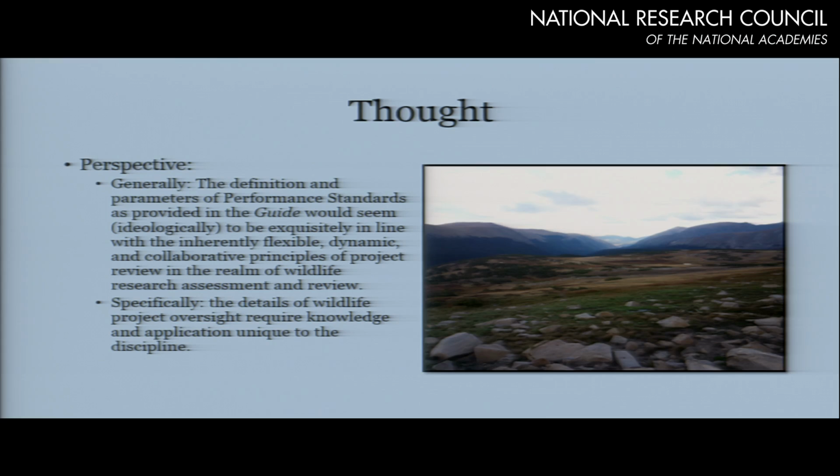They allow for that skeletal framework of discretionary authority and then the flexibility to carry out and address the needs of the PIs, the IACUC, and the institution that it serves, to stay within compliance, to play by the rules, and uphold these standards while having that flexibility. And then there are some details of wildlife project oversight that are a little bit different from what we think of as traditional resource guidelines. And those are important, and those need to be emphasized.